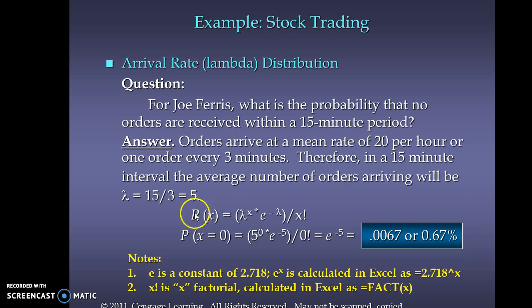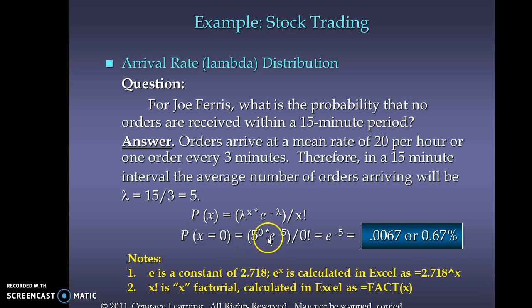So we use this formula given here to calculate that. When we ask the question, what's the probability, P, of X being 0, we take this calculation. Lambda is 5, as we just derived, raised to the x power. X is 0, so to the 0 power, times e, which is a mathematical constant equal to 2.718.